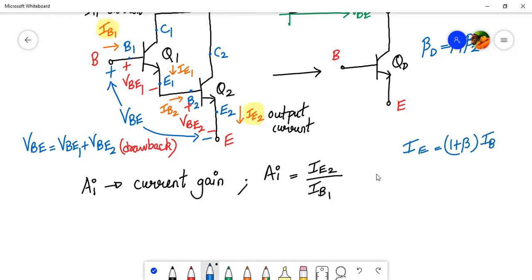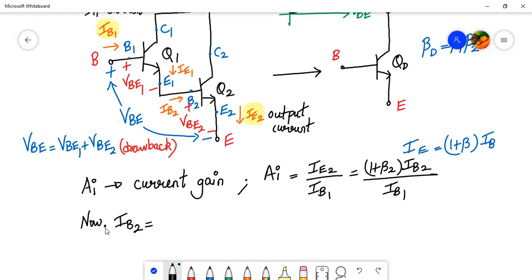We know this relation, so we'll use this over here. So we can write further, this will be 1 plus beta 2 times IB2 divided by IB1. Now what is IB2 equal to? From the diagram, IB2 is nothing but equal to IE1.